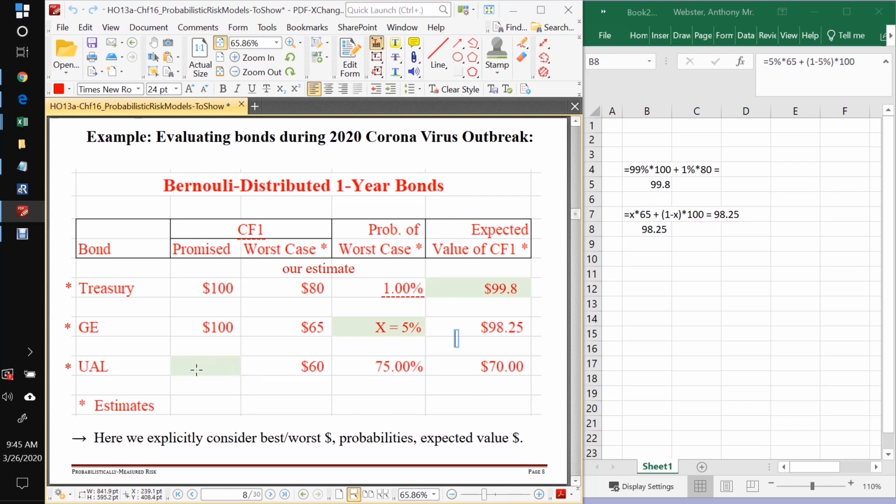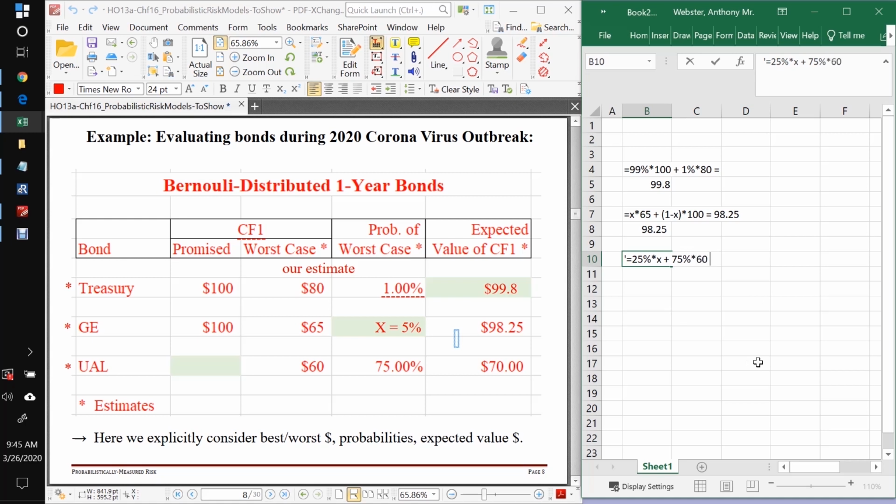So let's see if we can back into the promised cash flow in this case for United. Okay, so in this case, her best case is only 25%. So we'll put that in: 25% times x, plus 75% times 60 is equal to 70.